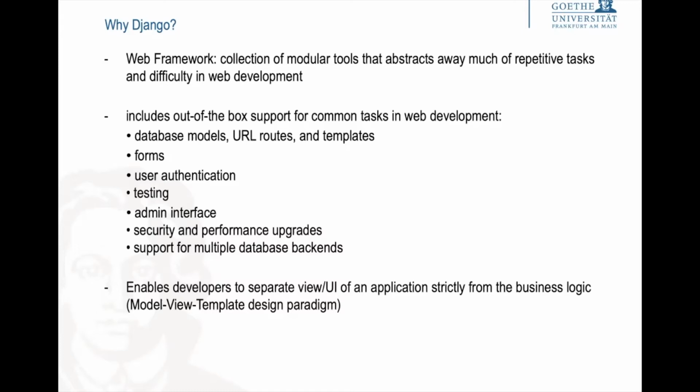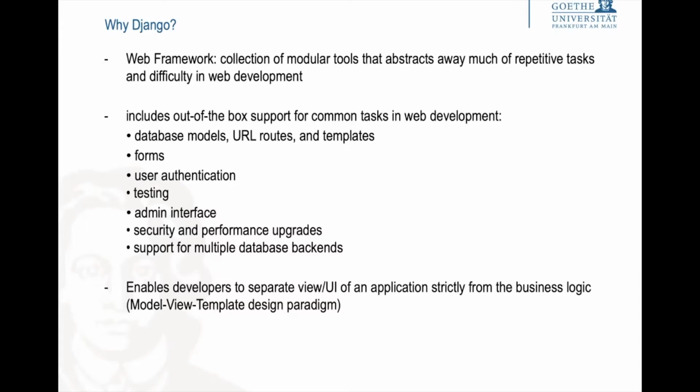But for completion, Django also offers a wide range of user authentication, testing, admin interface, security and performance upgrades, and also support for multiple database backends. So this shows Django is very powerful and has a very wide range of features.